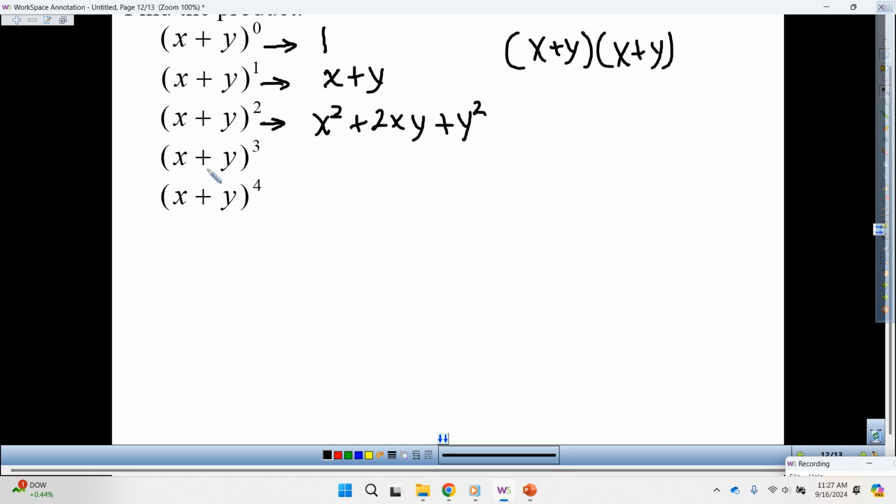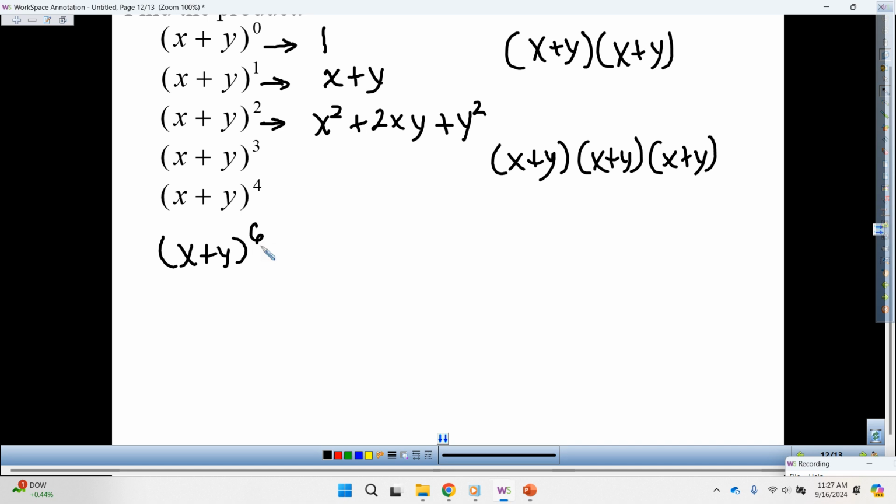So that means this one is what? X plus y times x plus y times x plus y. So we multiply these, it gives us this, and then we multiply that times that, and it's going to give us a bigger number. Isn't that a lot of work to continue multiplying? What if I said, find me x plus y to the 6th power?